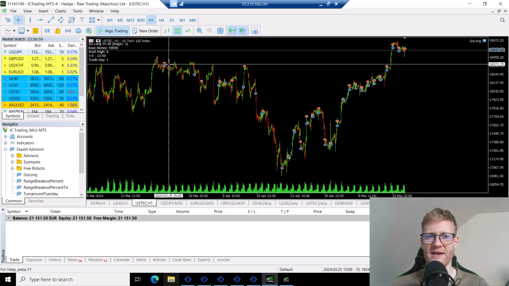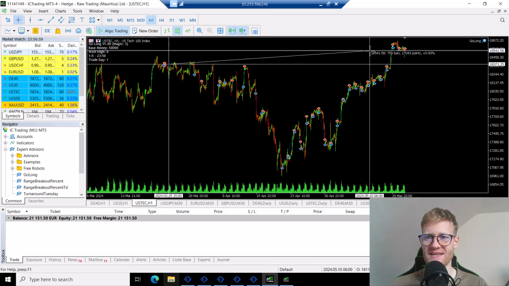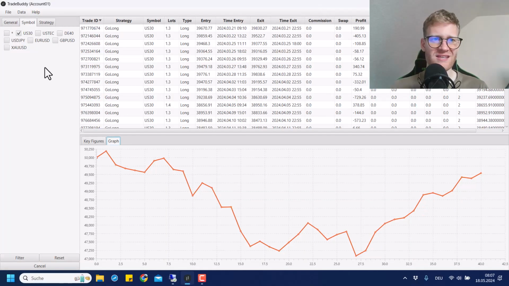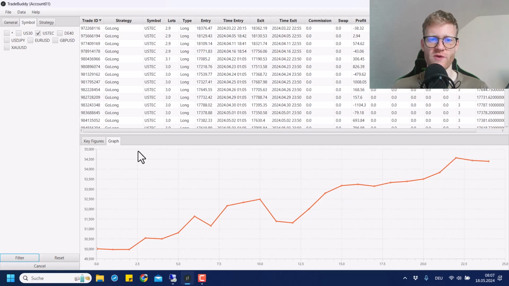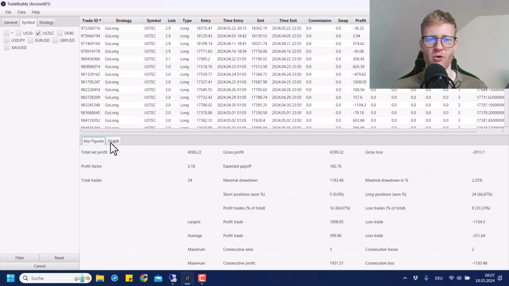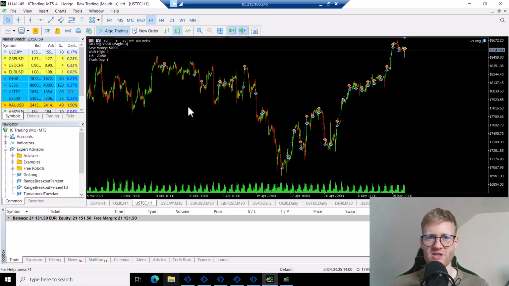This is also why in US tech we will see that even though the index made only about 1%, my account was way more profitable in the go long strategy, and it made a profit of 4 point something K. This is the first time, because I switched the strategy around a bit and modified the settings.